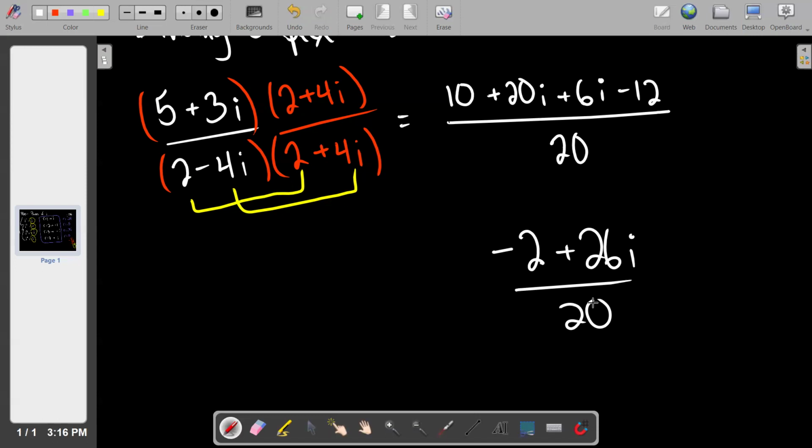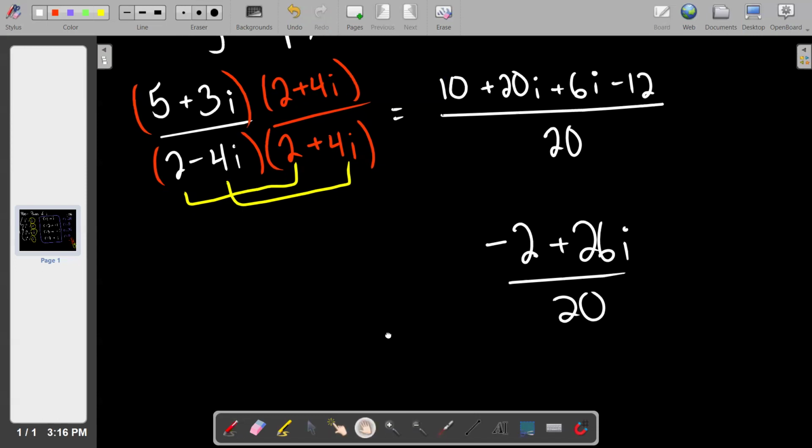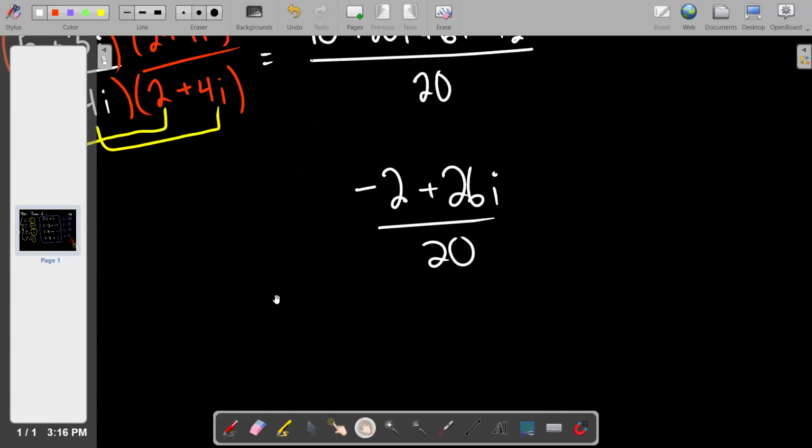And so what we're going to do is we're going to do some DDD, double diagonal division. We're going to break it up into 2 pieces. The first one is from right here, and it is -1/10. That is now our A value. That's our real part.